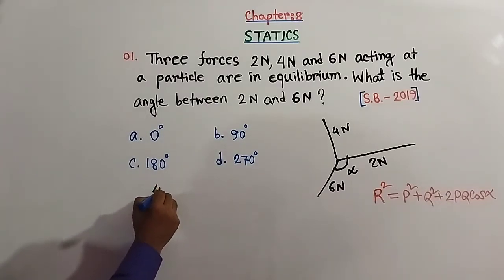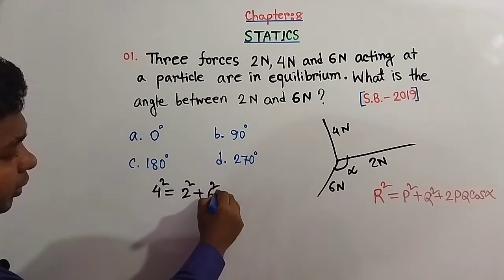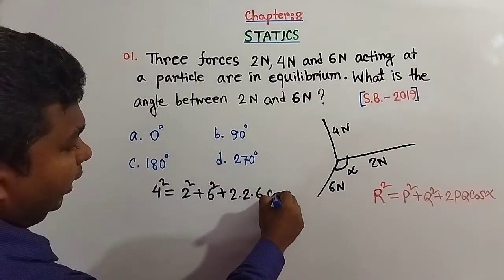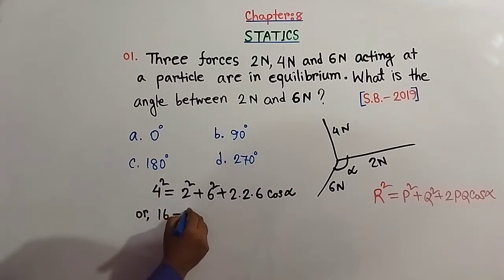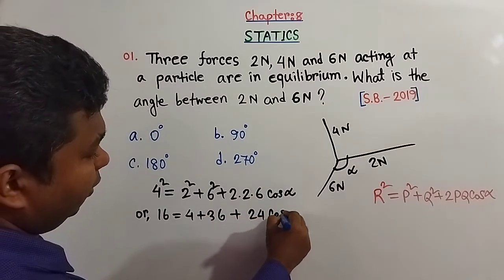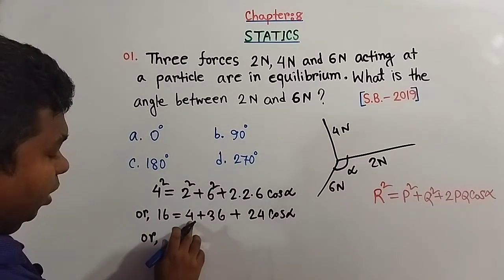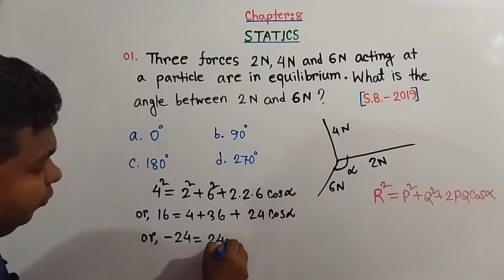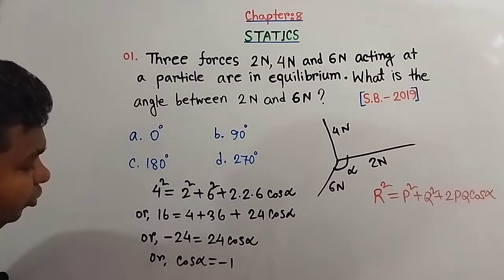Therefore, we can write 4 square equal to 2 square plus 6 square, then plus 2 into PQ, that is 2 into 6 into cos alpha. Now, 4 square equal to 16 equal to 4 plus 36 plus 24 cos alpha. Now, we can write 16 minus 4 minus 36 equal to minus 24 equal to 24 cos alpha, or cos alpha equal to minus 1.